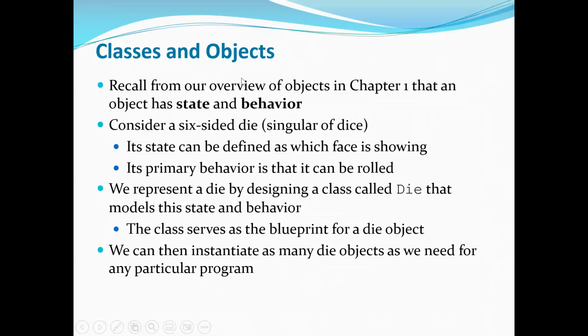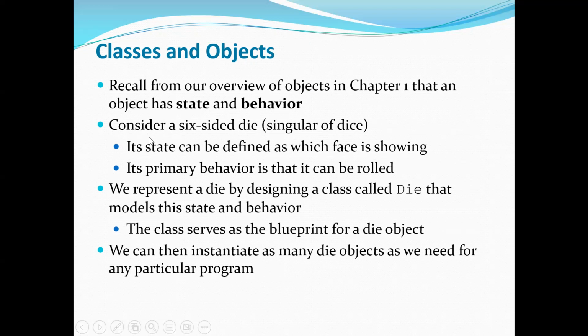So what are classes and objects? If we recall the overview of objects, which we covered in chapter 1, we discussed a class, and we also discussed an object, and we said an object always has a state and behavior. The state can be the characteristics or the attributes. Behavior will be the methods.